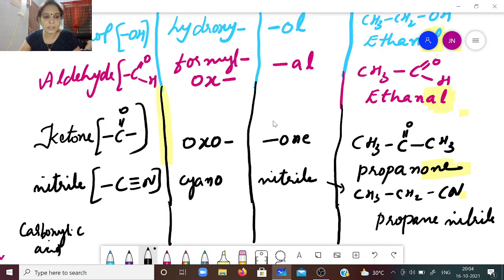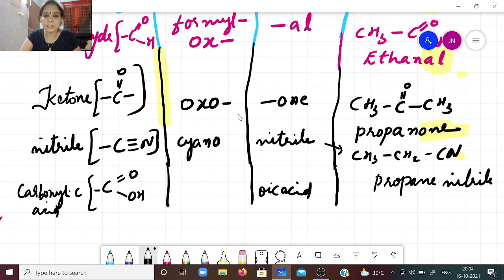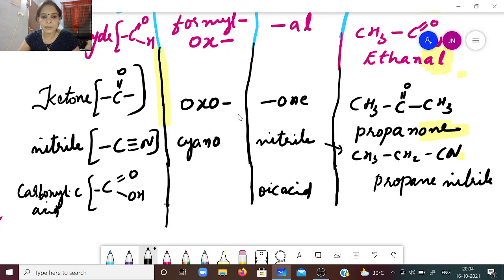What is carboxylic acid? C double bond O OH. This is carboxylic acid. It will always be suffix and it is oic acid. It can be prefix, but in your 11th and 12th standard, you are studying only suffix carboxylic acid.